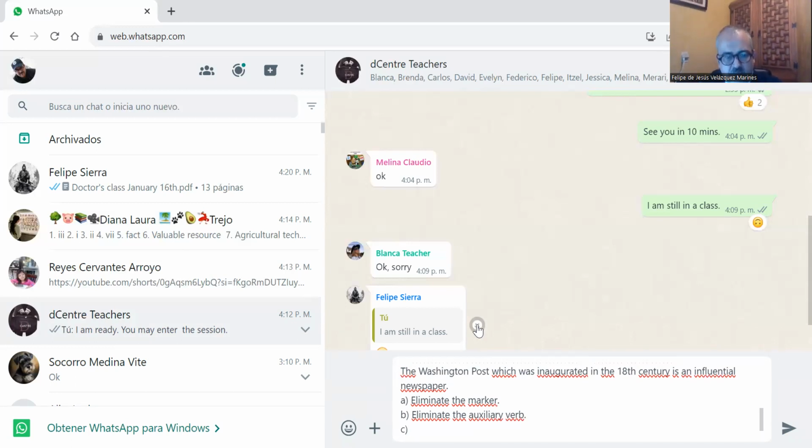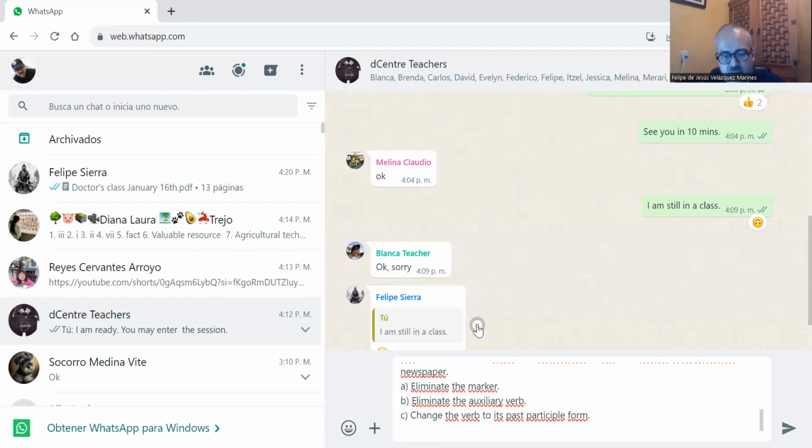And change the verb to its past participle form. Well, in fact, we don't have to change it because in passive voice, we always use the past participle form of the verb. Then we say, front the reduction if you want to express emphasis.